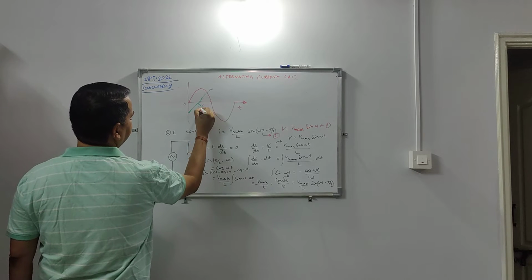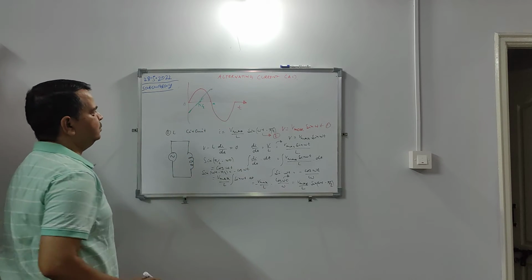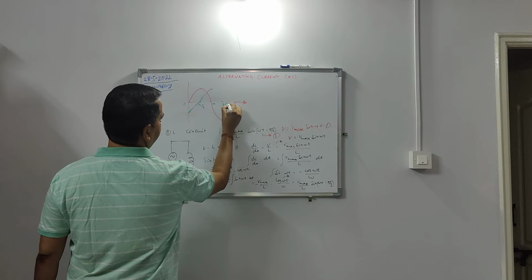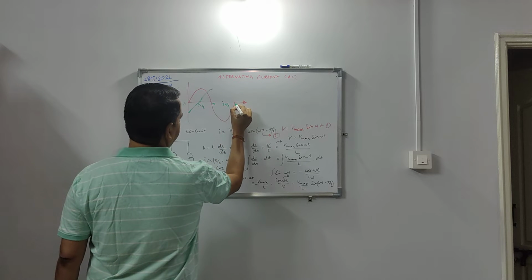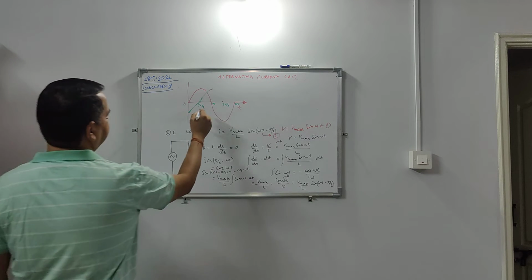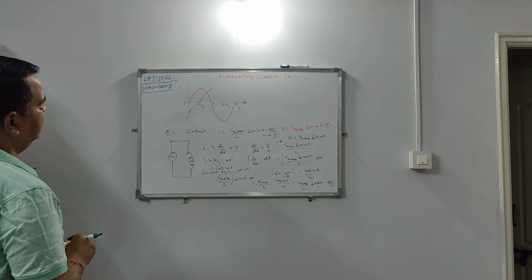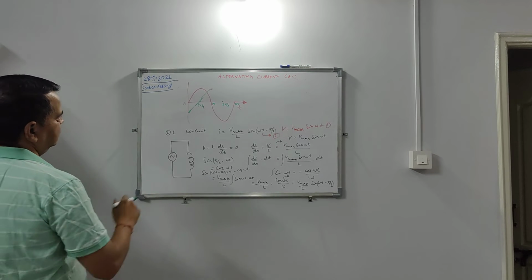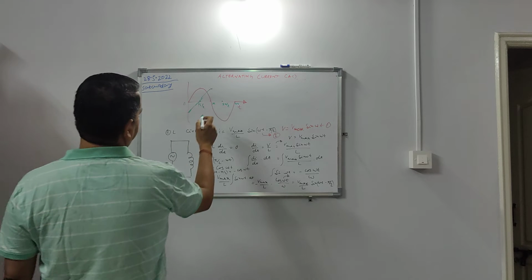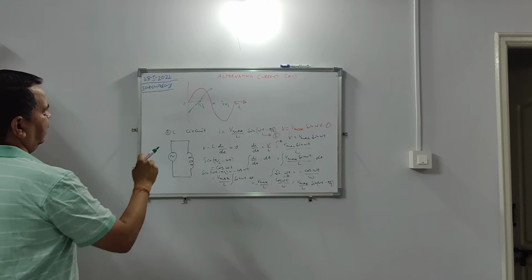This corresponds to pi by 2. This corresponds to pi. This corresponds to 3 pi by 2. This corresponds to 2 pi. So this is pi by 2, this is pi. So this will be maximum at pi.